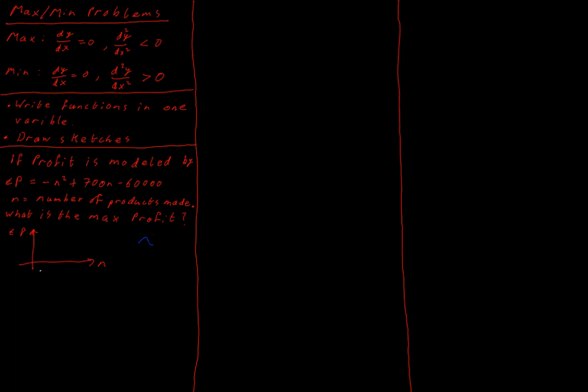So I know that I have a frowny face type curve, and I am looking for the maximum profit. So maximum means largest, and profit is measured on my y-axis. So I am looking for this point here. I am looking for the maximum of that curve. And now I have a visual reference. I have more of an anchor as to what this might mean.